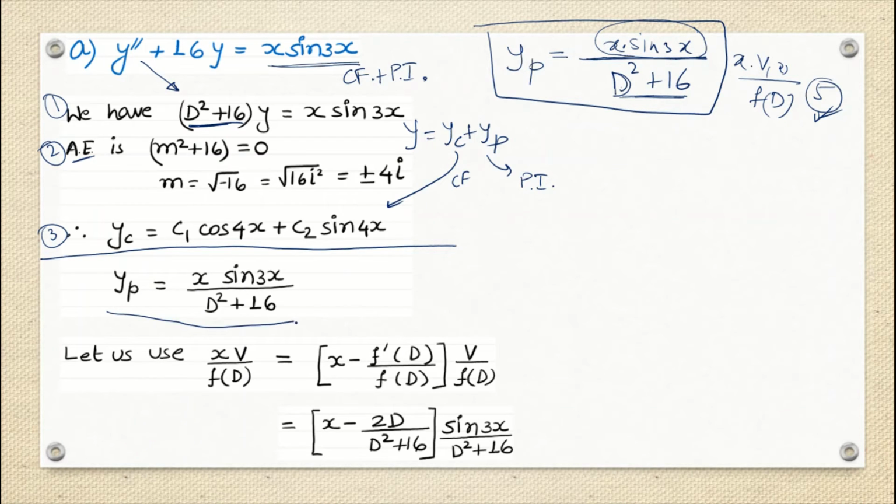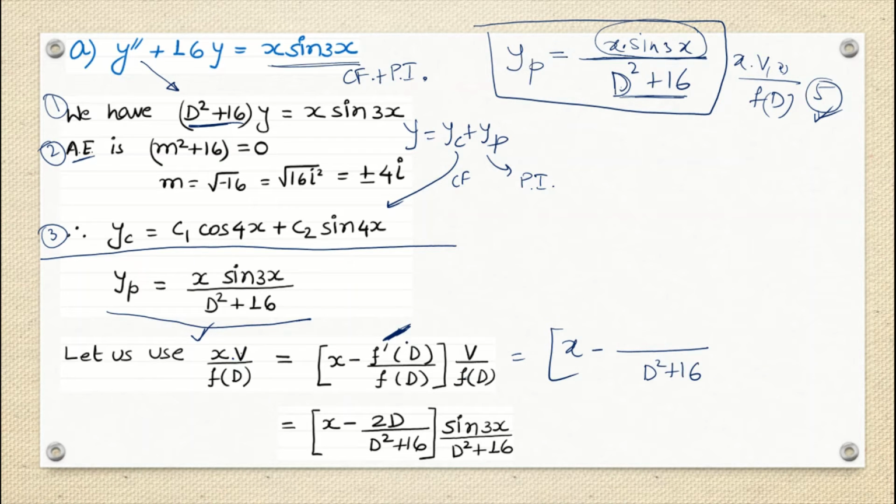Now, once we know that this is type 5 of YP, I am going to use the formula x V(x) divided by f(D) equals x times V by f(D), just separated out right now, minus f'(D) by f(D) squared, applied to V. Here I write f(D), which is D square plus 16.